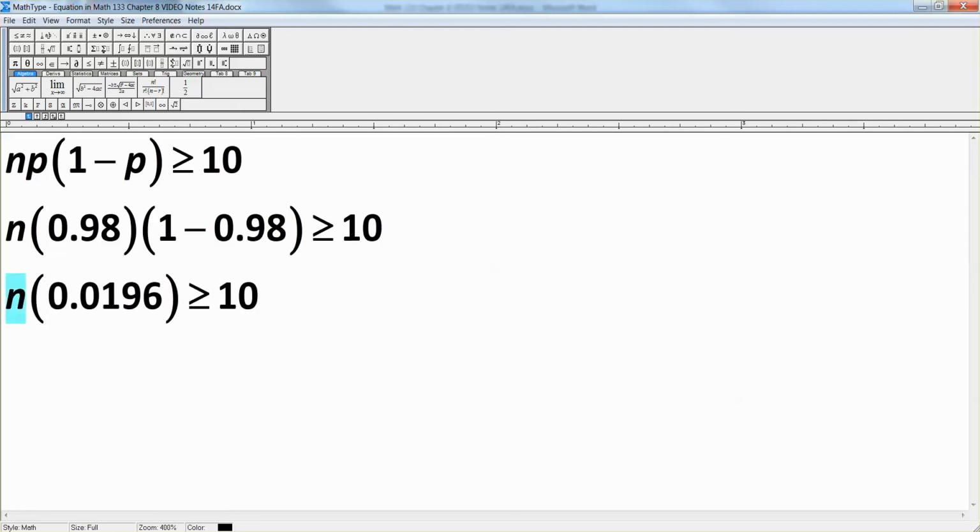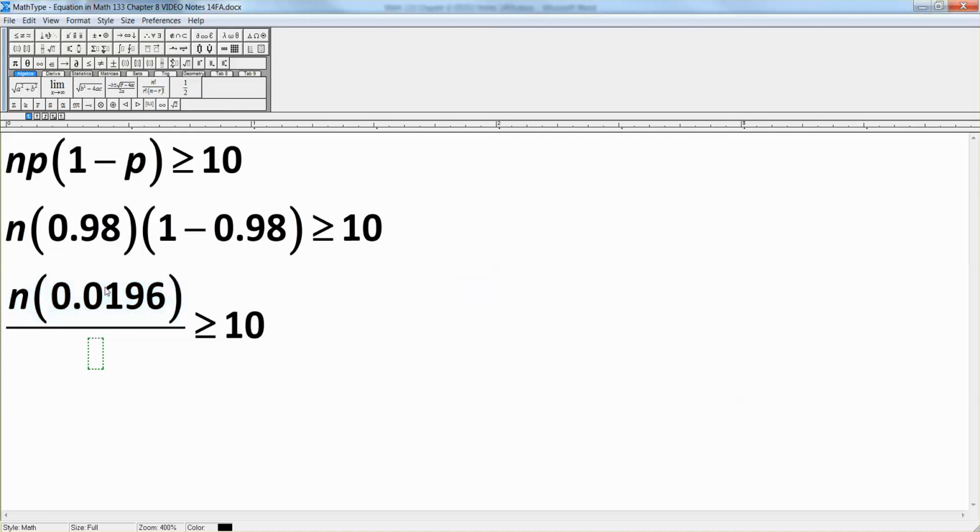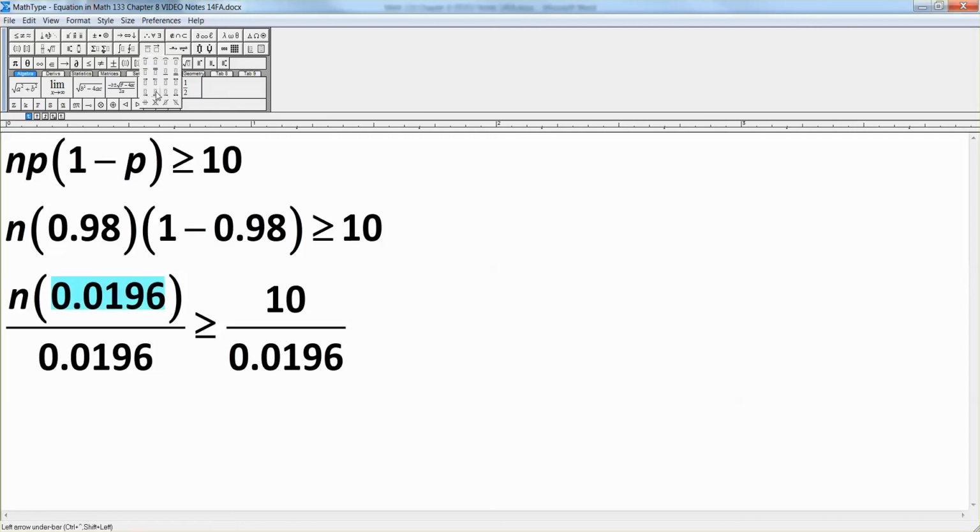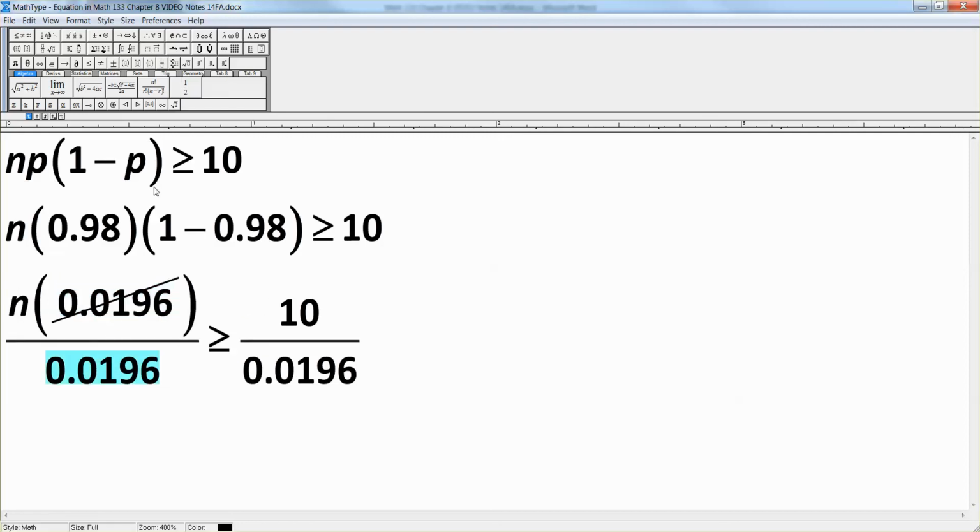Now you want to solve this for n. It might have been a while since you've been in algebra class, but this operation right here is multiplication. So to undo multiplication, what you're going to do is you're going to divide. So you divide that side by 0.0196. And if you do it there, you have to do it here as well. So over here, the 0.0196 divides away to 1, so that disappears.